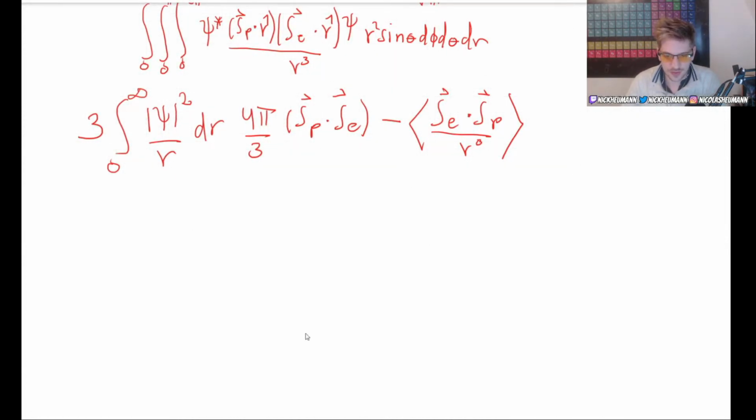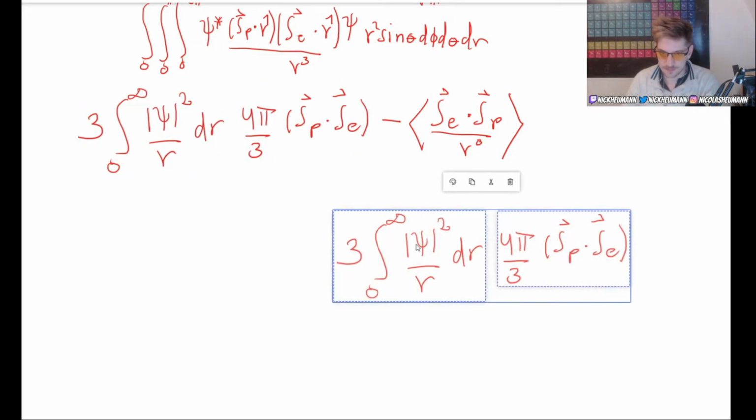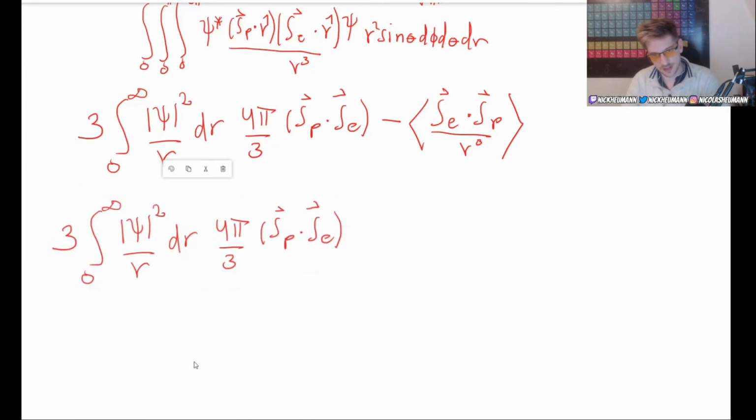Now, the first part here, we don't really need to do particularly much for now. Let's work on the second part. So let me copy this and move it. Now let's write it out explicitly as we did before.